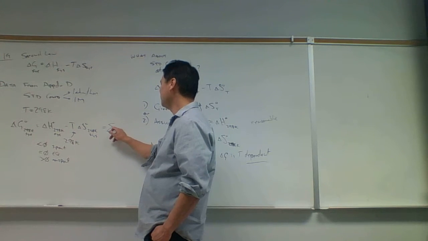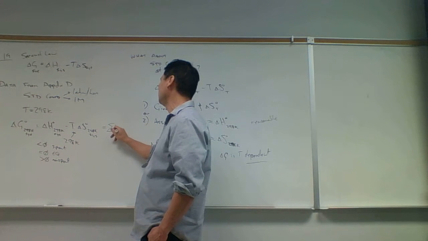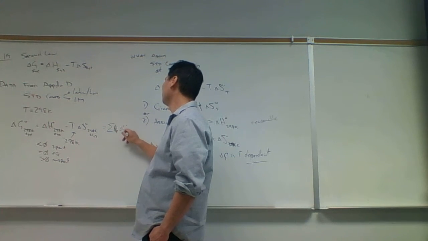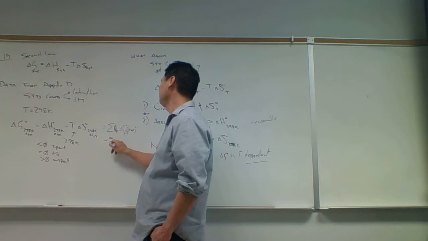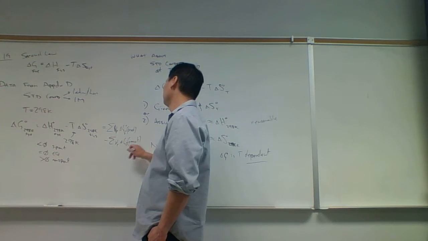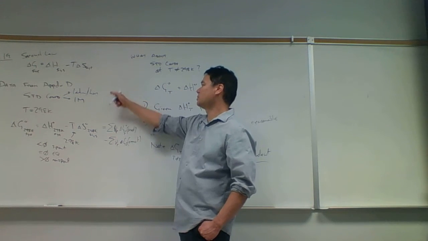Well, the same thing, delta G is an energy, so we can just take the sum of the delta G's of formation of the products minus the sum of the delta G's of formation of the reactants. Okay, this equation is only going to work under these restrictions here.